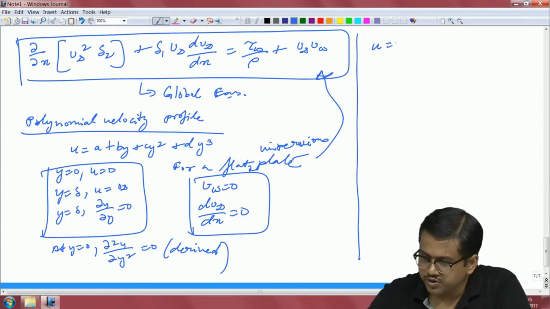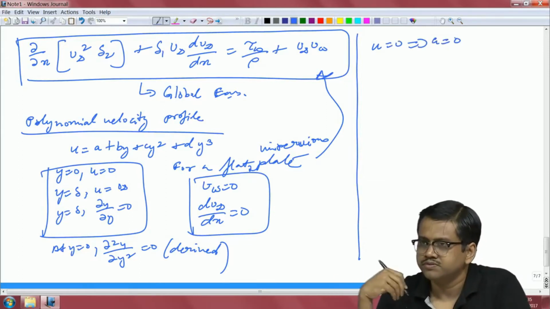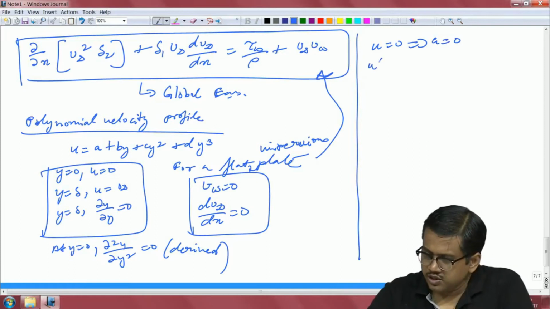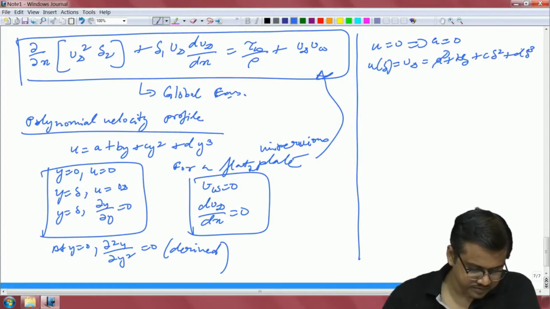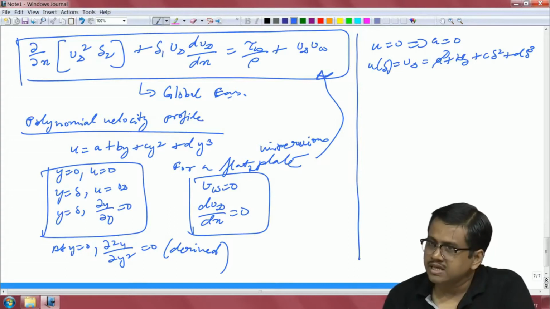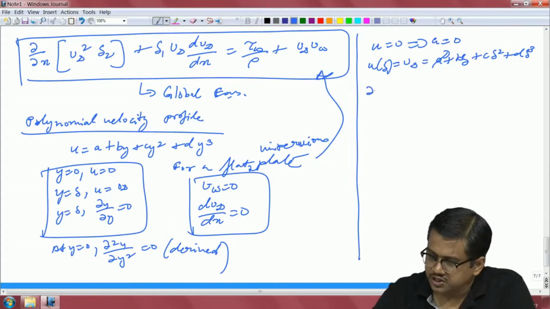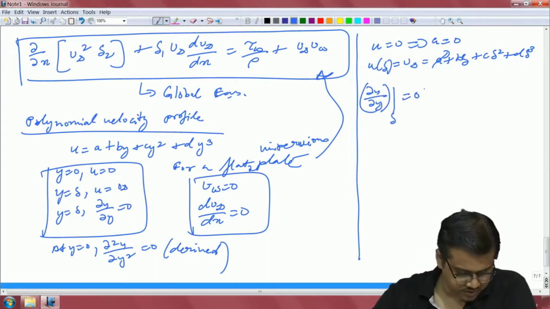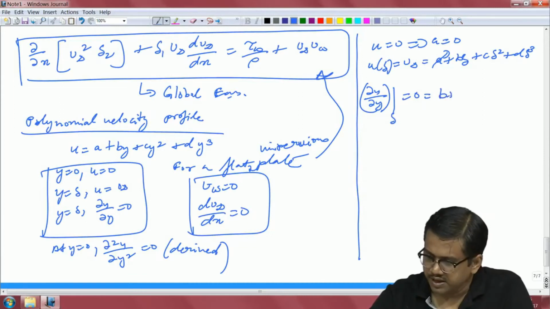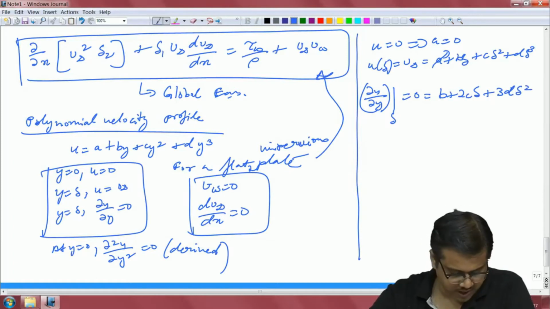So, u equal to 0 at y equal to 0 leads to a equal to 0. u at delta equal to u infinity leads to a plus b delta, of course a being equal to 0, plus c delta square plus d delta cube, that is u infinity. du by dy at delta is equal to 0 would imply b plus 2c delta plus 3d delta square is equal to 0.